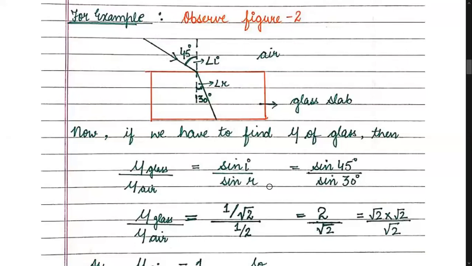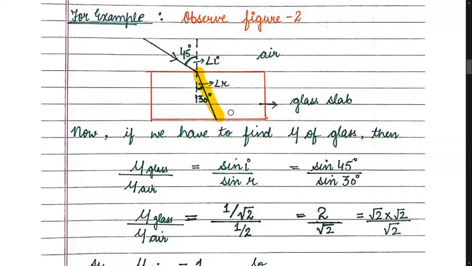In this figure, we have a glass slab and the light is incident from air on the glass slab such that after refraction, the light has bent towards the normal.